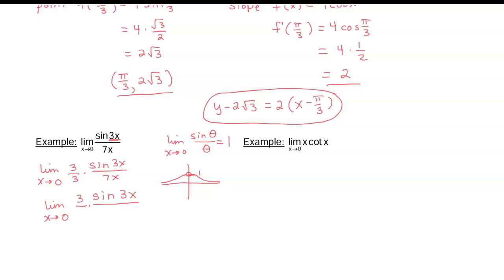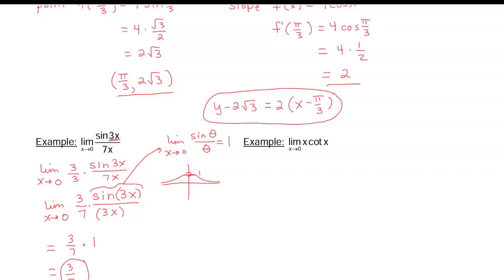On the bottom, I'm going to switch the 3 and the 7. So I'm going to move the 7 into the first fraction, and I'm going to move the 3 into the second fraction. Now, in the second fraction, the angle 3x matches the denominator. So now the second fraction takes on the form of sine theta over theta. I can go ahead and find the limit here. So this limit equals 3/7 times 1, which is 3/7.